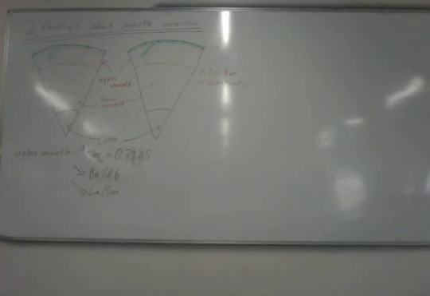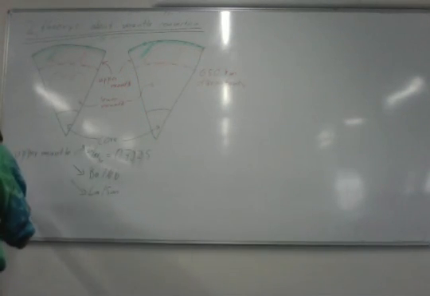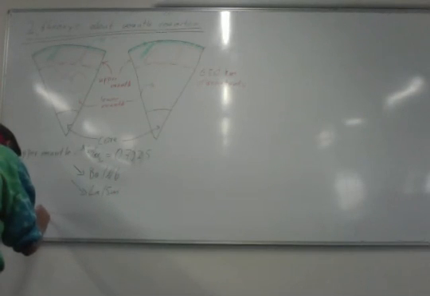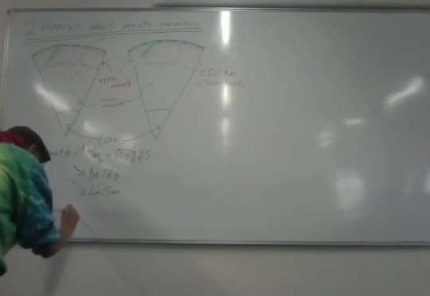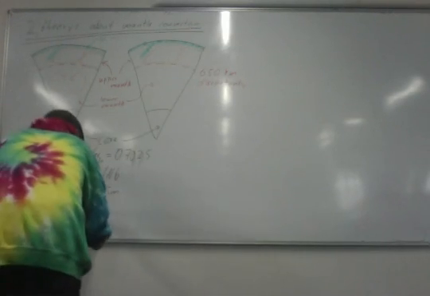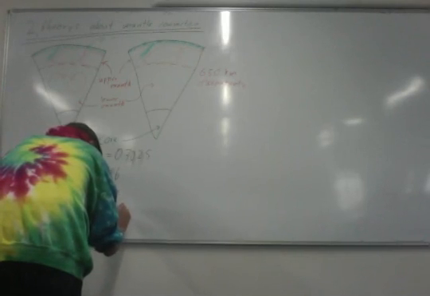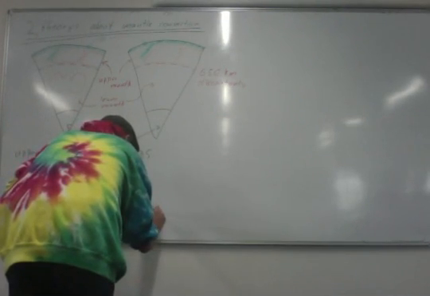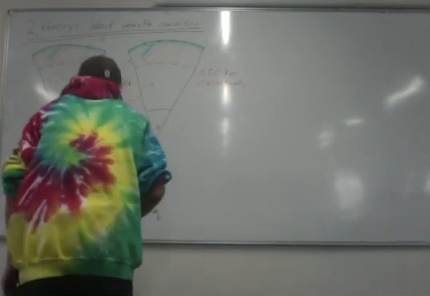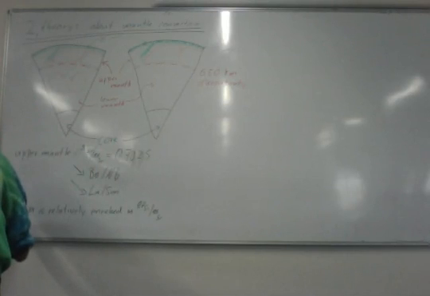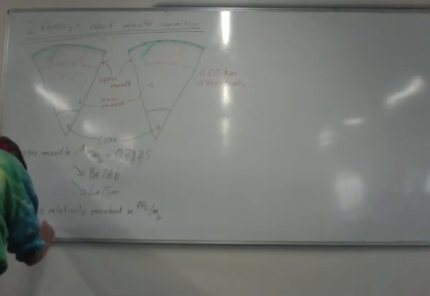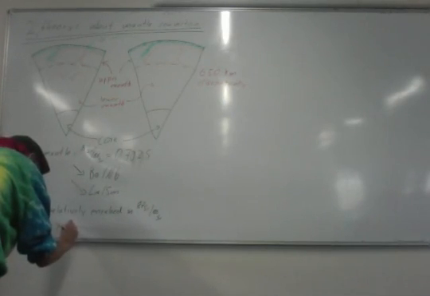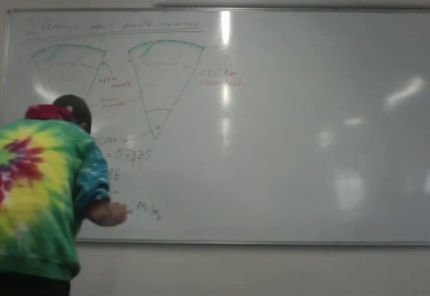If we are looking for the lower mantle, it is relatively enriched in 87 strontium to 86 strontium, but shows primary composition.